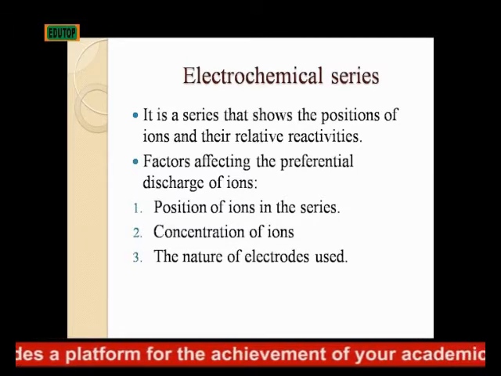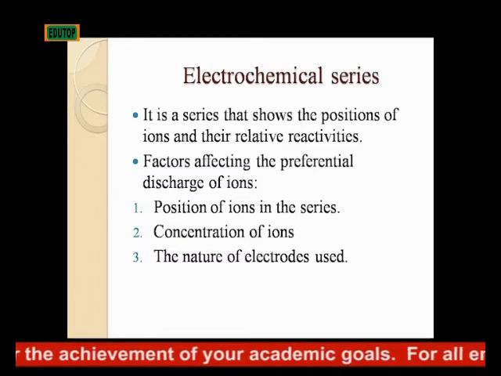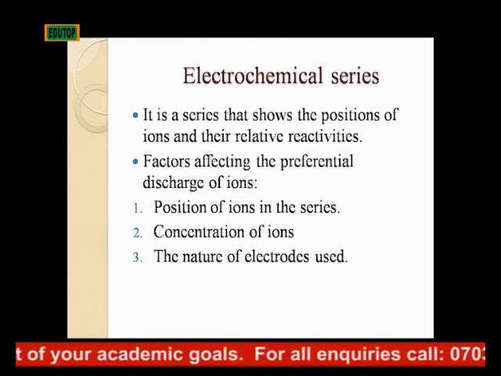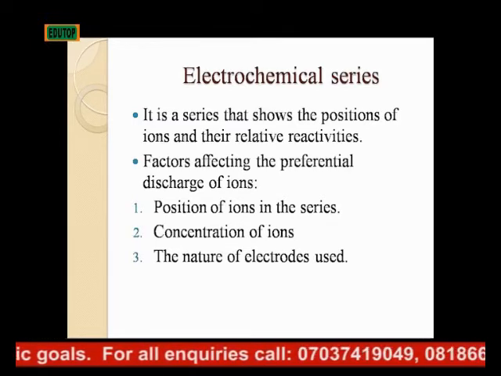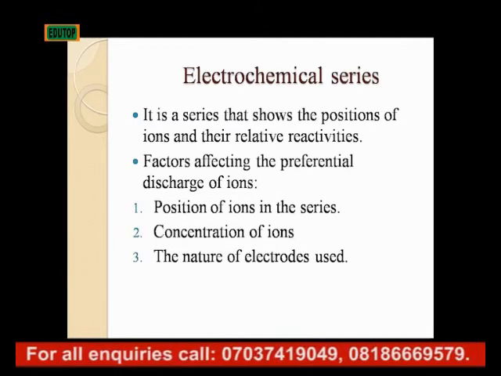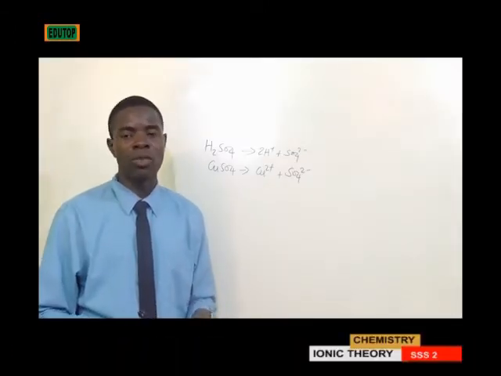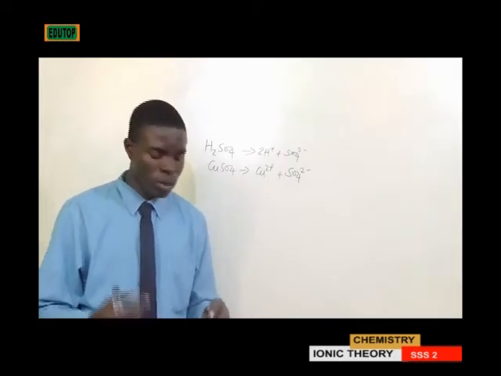Concentration of ions also determines the rate at which a particular ion will be discharged or not. Then the nature of electrode used. That is the third one. The nature of electrode used also contributes to the rate at which a particular ion will be discharged or not.